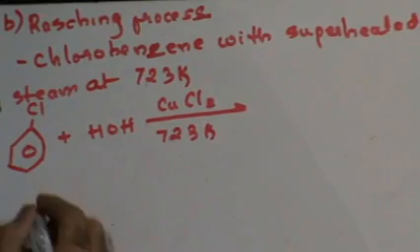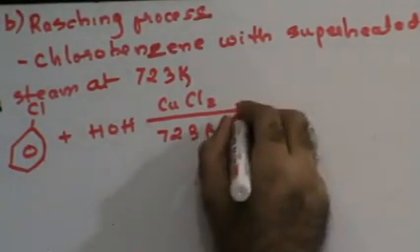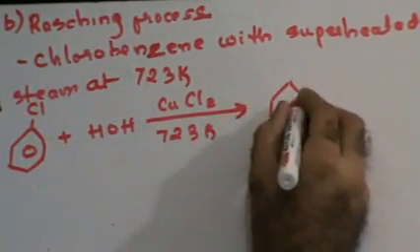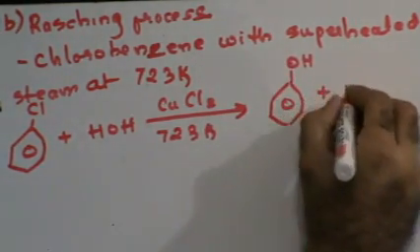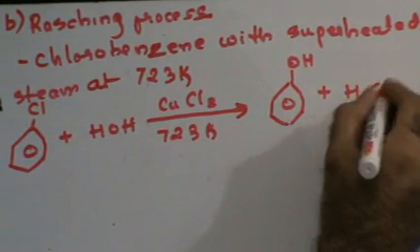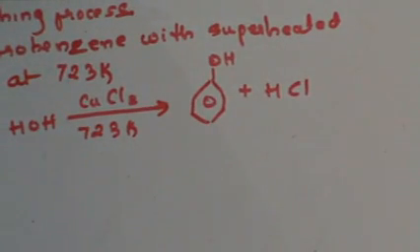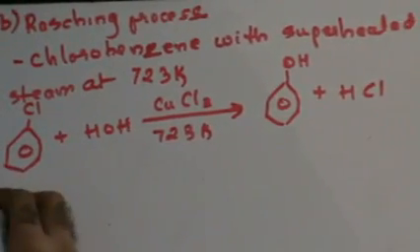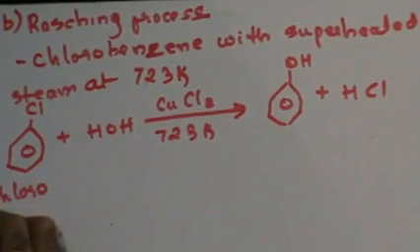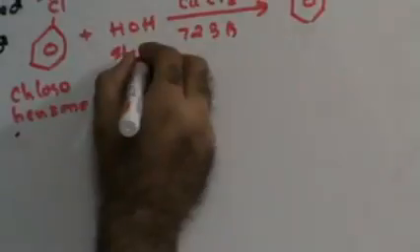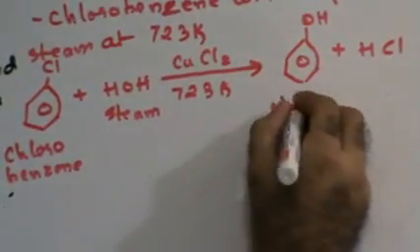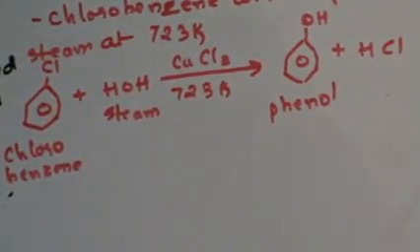Right? So in that case, straight away you get phenol. You will have phenol, OH, plus hydrochloric acid. Substitution reaction. Chlorine gets substituted by hydroxyl group. Right? This is chlorobenzene. This is steam. This is phenol. Fine, do you get this thing here?